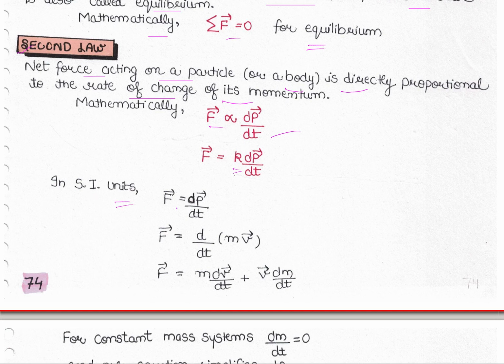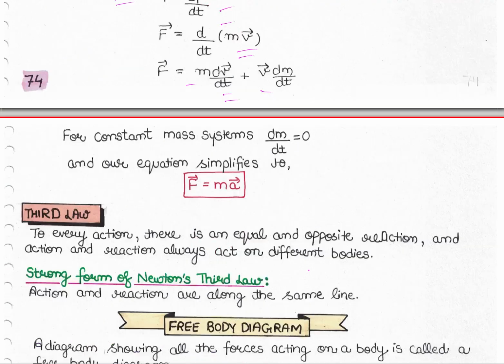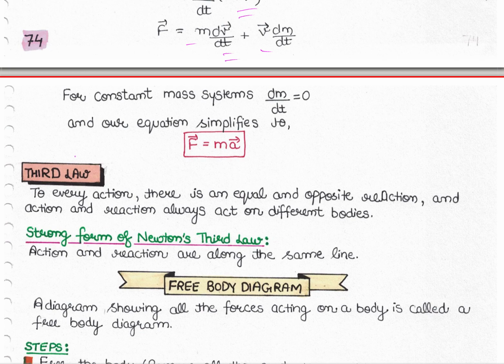In SI unit, we can write F is equal to dp/dt or d/dt of mv, and if we differentiate this, we get F is equal to m dv/dt plus v dm/dt. Now for a constant mass system, we have dm/dt is equal to 0, and our equation simplifies to F is equal to ma, where a represents the acceleration of the mass.